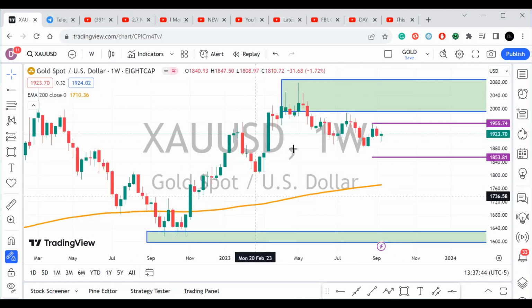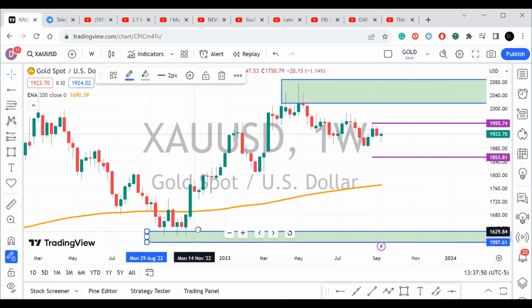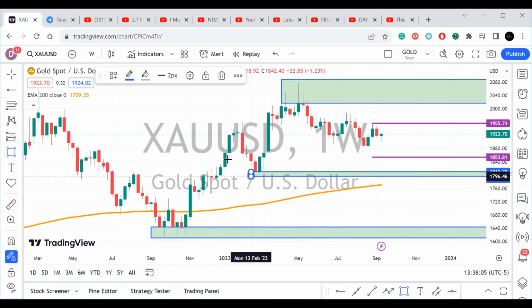So on the weekly time frame, let me align this thing a little bit. So the weekly structures that I meant from when we started buying up. So we're going to identify all the weekly structures. So these are weekly structure.